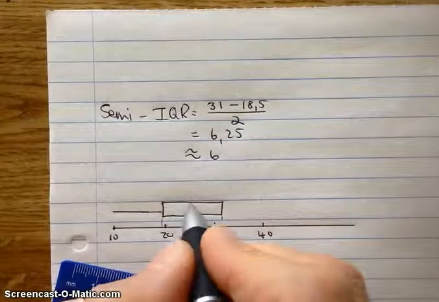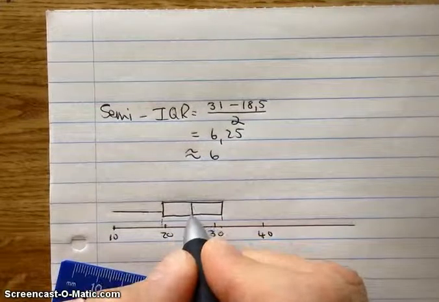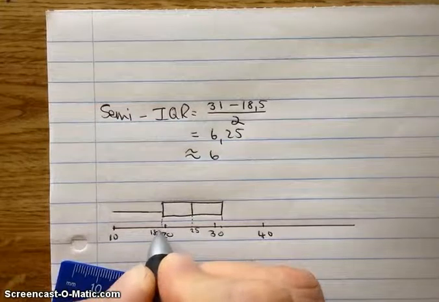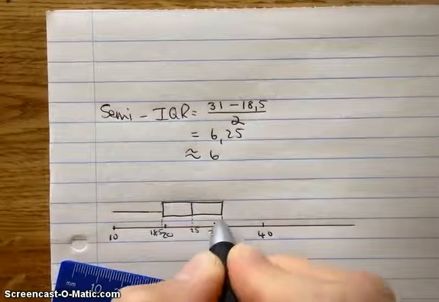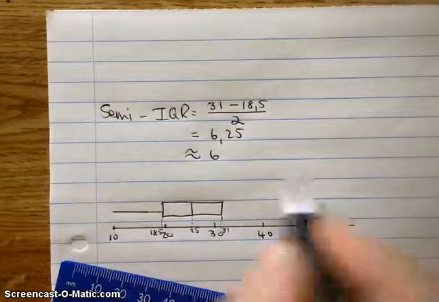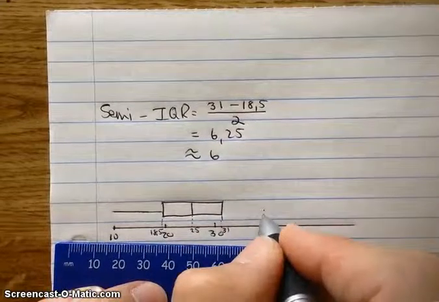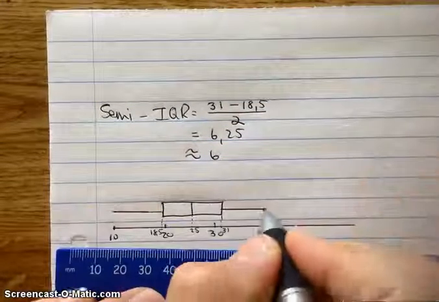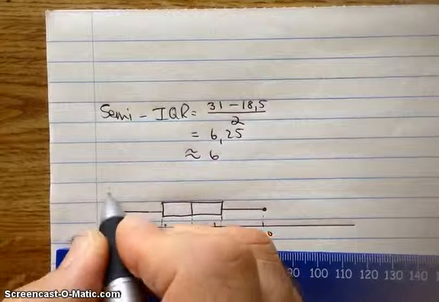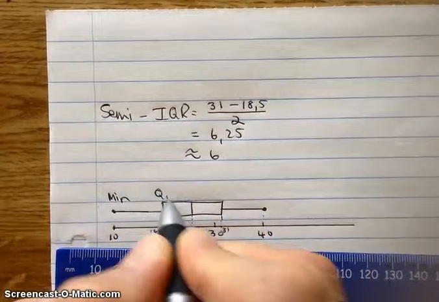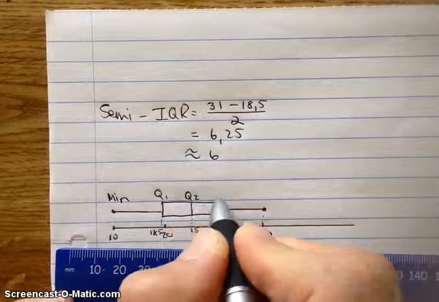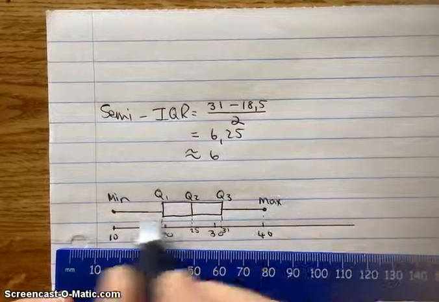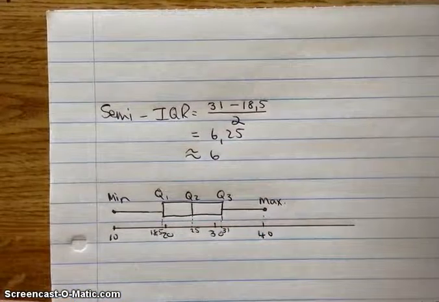Your median was found at around 25, so you need to indicate these values: 18.5, 31, and your whisker goes up to 40. Then you write on minimum, Q1, Q2, Q3, and your max. Remember your 5-number summary, that will also come out of this.